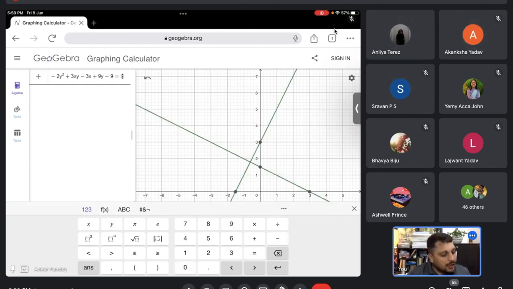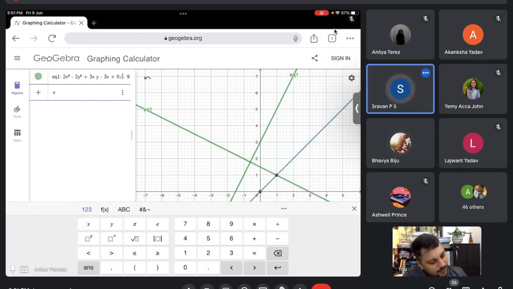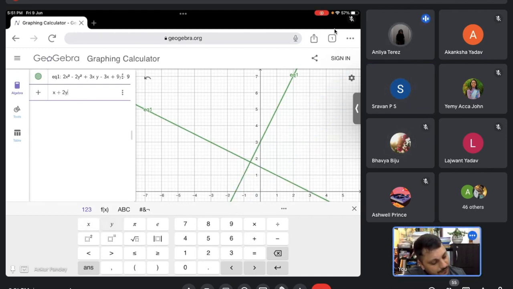What you see is a pair of two straight lines. Could you see or not? Yes, sir. They are nothing but the two individual lines. What were the two individual lines we had taken? What was the first bracket? x plus 2y minus 3 equal to 0.